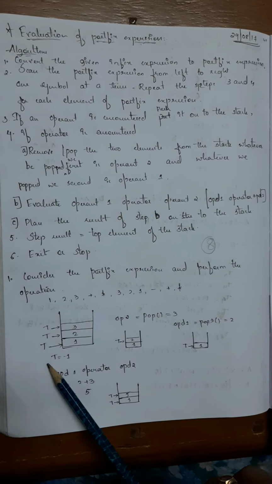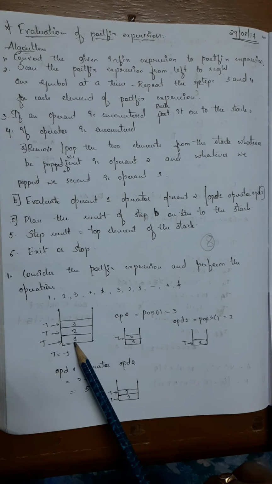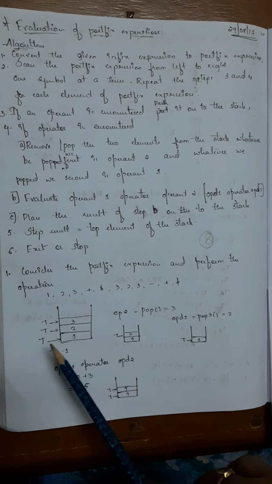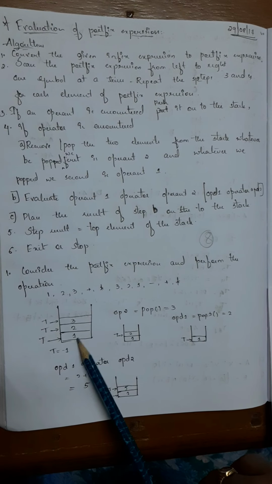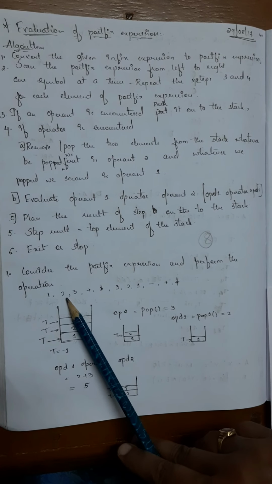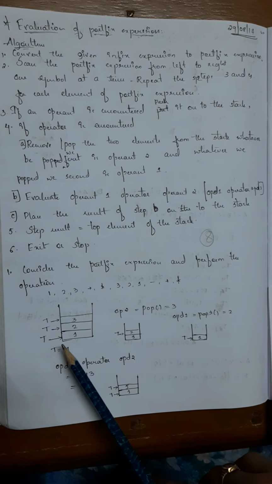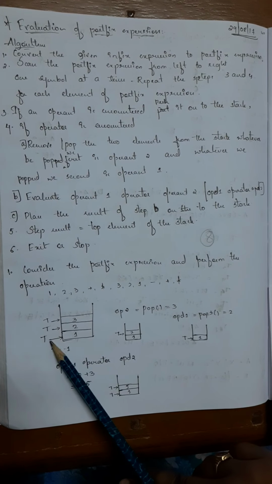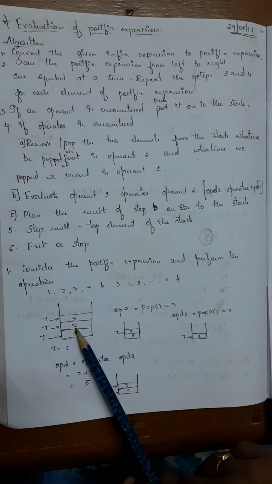In push we increment the top by 1, then push that element onto the stack top. So top is pointing to the 0th location, and we have 1 here. Then we read the next symbol, which happens to be 2, an operand, so again it is pushed onto the stack top. Top was here, now it is incremented by 1 and 2 is pushed here.